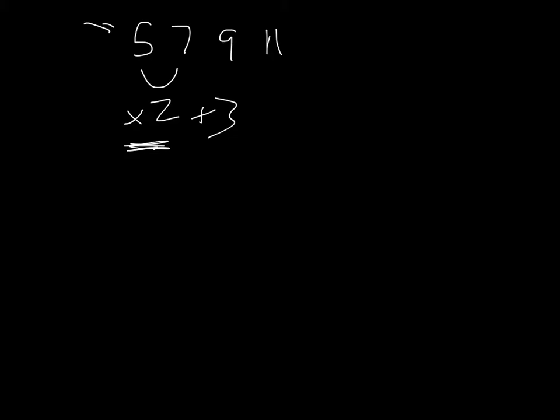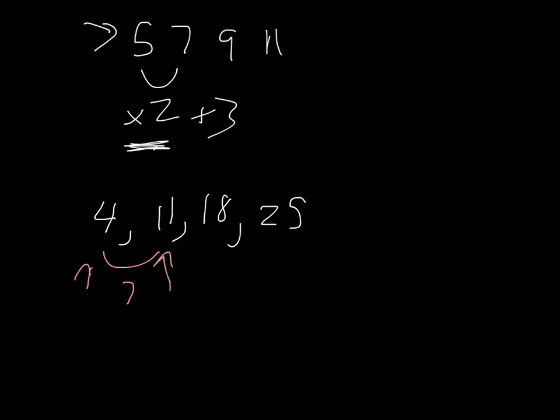Or what if this number isn't big enough to take that group away? For example, in our first question of our homework, 4, 11, 18, 25, when I look at the change here, it's 7. That means there's a group of 7 in the first term, 2 groups of 7 in the second, 3 groups of 7 in the third, 4 groups of 7 in the fourth.